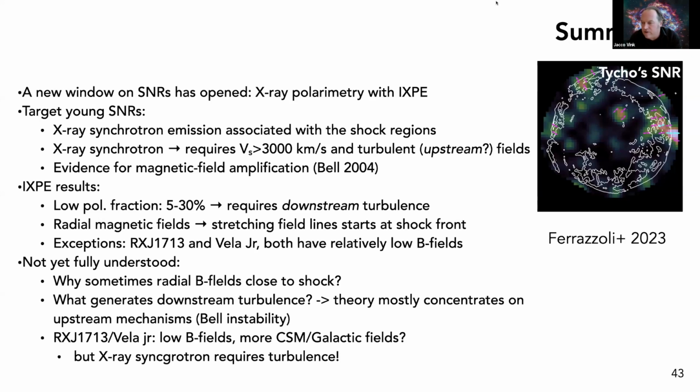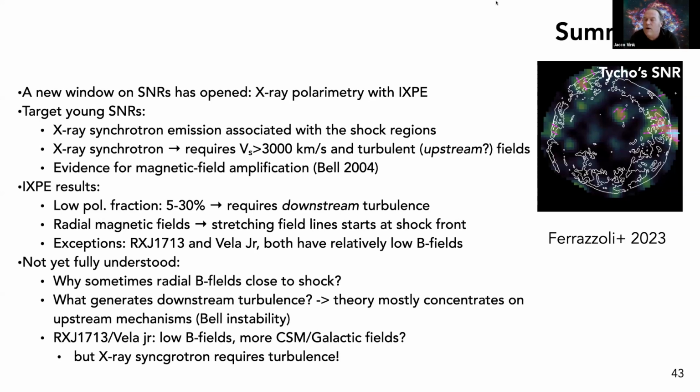So we know that whatever is stretching the magnetic field already has to operate within 10^17 centimeters of the shock front. And then we were getting used to it, and then we got surprised, because it turns out that RCW 1713 and Vela Junior have a tangential magnetic field. For RCW 1713 it was the first measurement even.